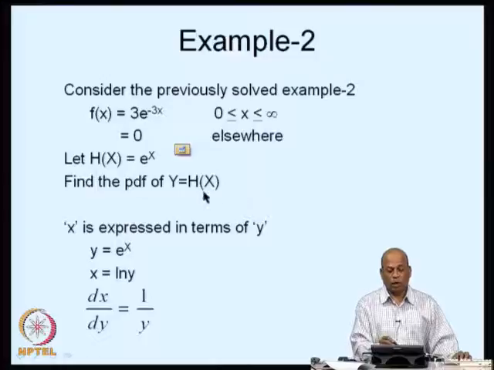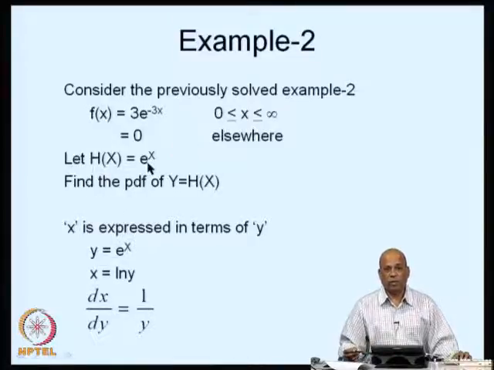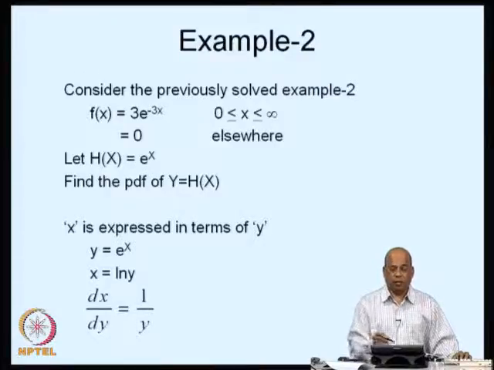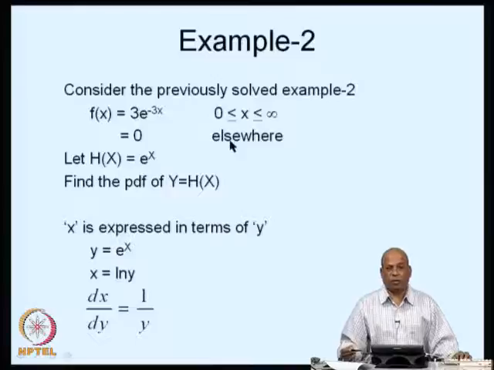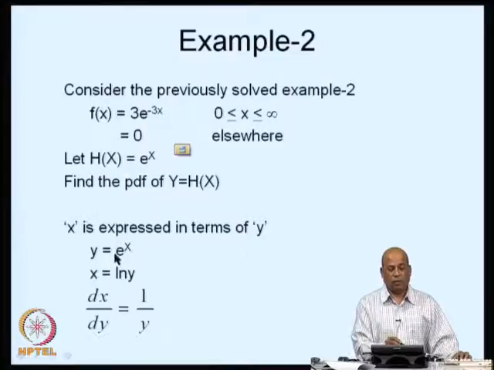So, y is equal to h of x is the function in which you are interested, which is e to the power of x for x greater than 0, and this is a monotonically increasing function, as you can verify. So, first we will express x in terms of y is equal to e to the power of x, and therefore, x is equal to log y, and then we get dx by dy is equal to 1 over y.